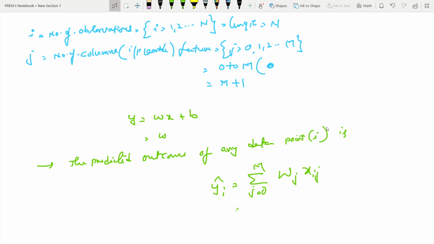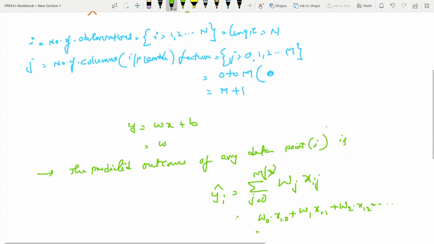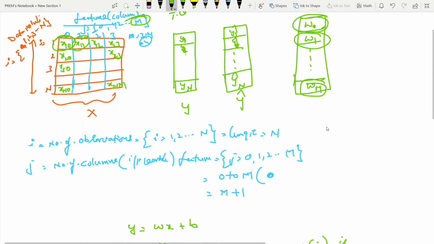For example, I am taking 0 to m with value 3. Suppose w0 times x first observation, 0th column, plus w1 x11 plus w2 x12, like that. So this index value is multiplied with this value, like that.